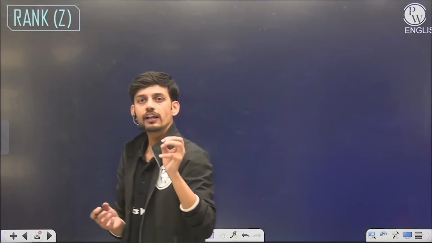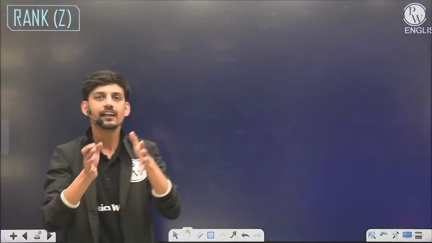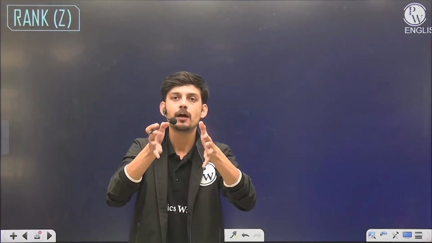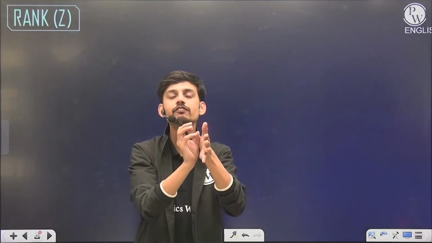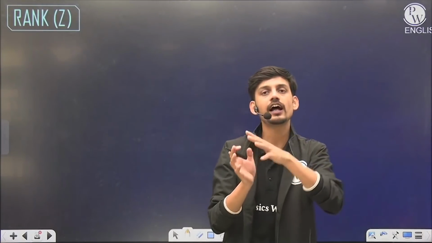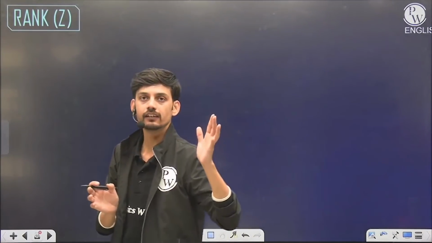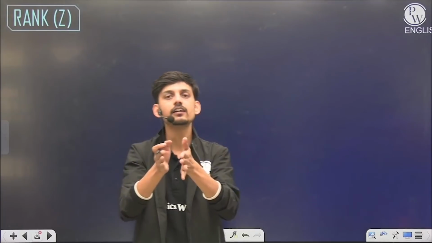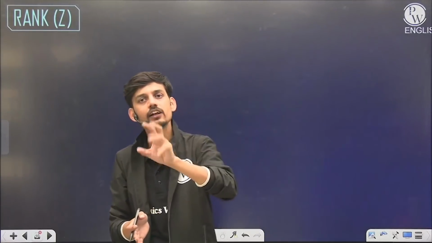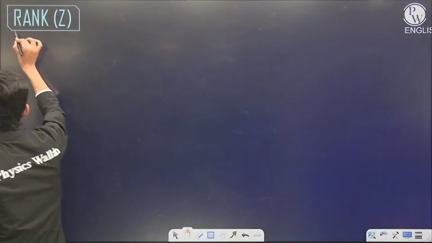By rank, or effective number of atoms, we mean how much part of an atom is actually present in the unit cell. Because we are discussing only the unit cell. If a unit cell has 1/4 of the atom, then the atom is contributing only 1/4. The rest of the atom is contributing in some other unit cell. So we study only the unit cell. We have to check how much part of the atom is inside that unit cell, and that is called rank.